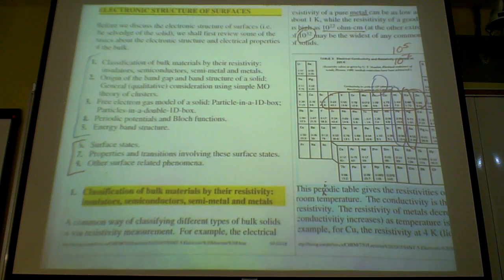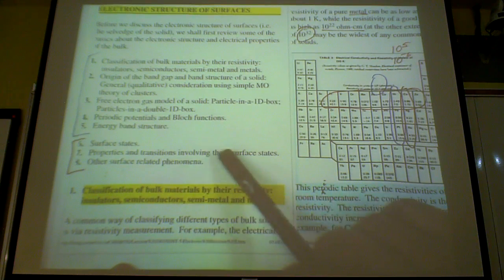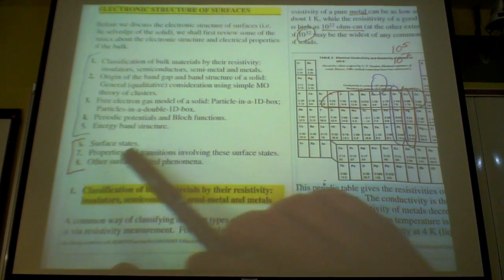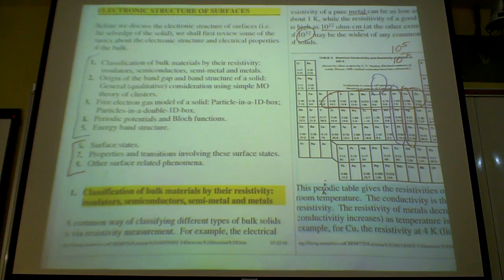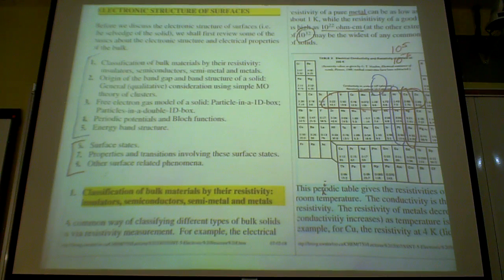And then you will have transitions between these surface states. You can do something with this surface state. You can make transitions from one state to another, and then create optical properties or electronic properties associated with transitions between these. And finally, some surface-related phenomena.